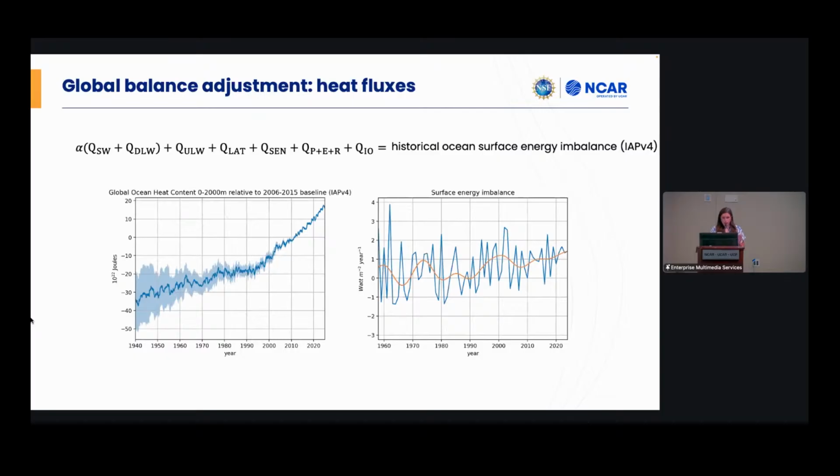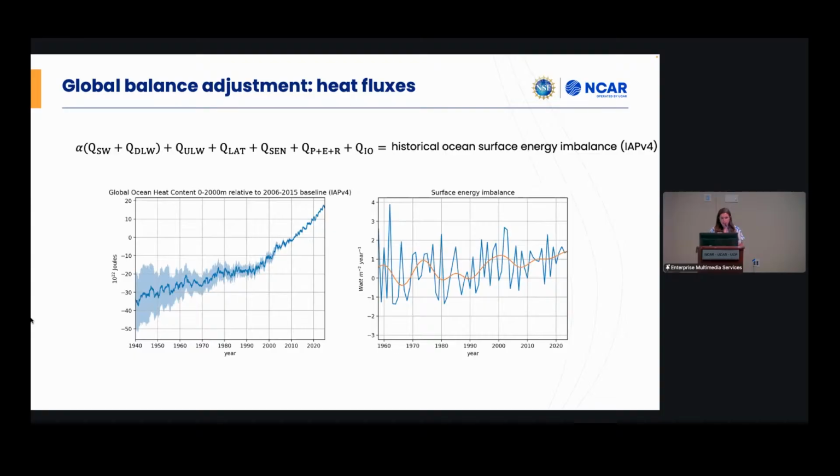So, okay, after doing adjustments of all the surface variables, we also did the global balance adjustments for the heat and freshwater fluxes. And here I'm showing all the components of the heat fluxes, and we tried to make sure that all of them sum up to the historical ocean surface energy imbalance that we see from the observations.